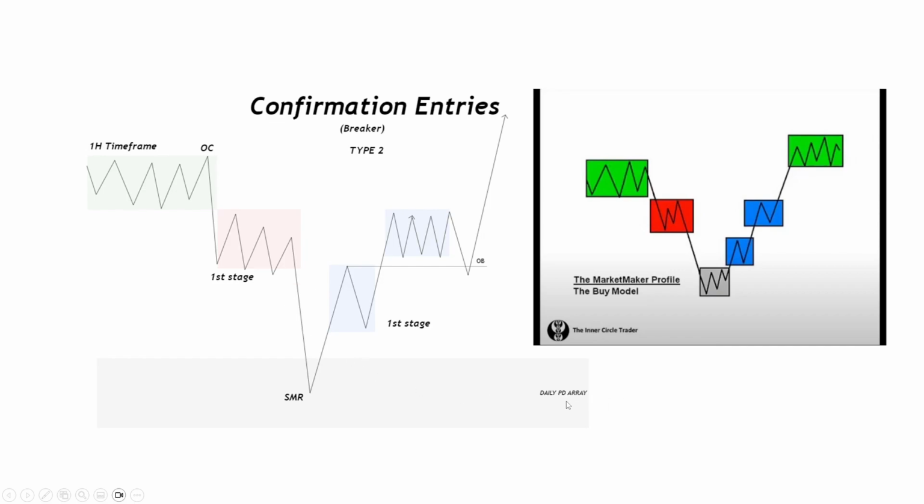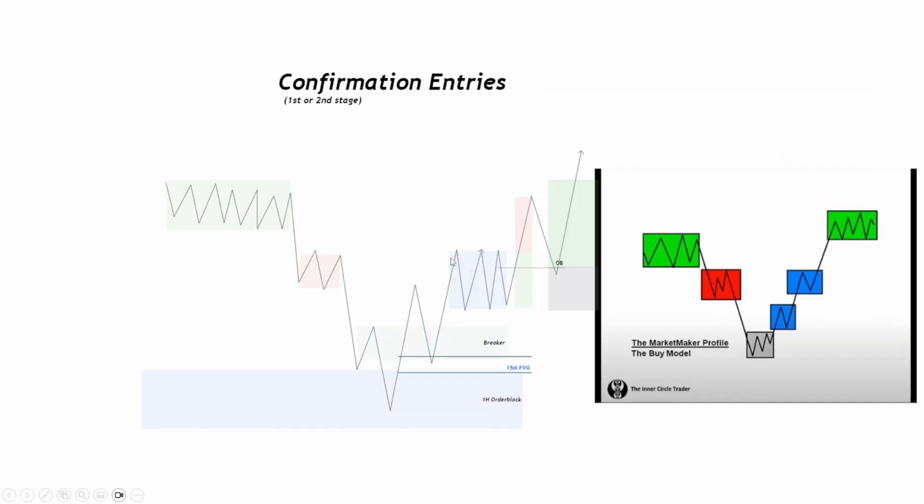So we hit a daily PD array, 1 hour is in the first stage of accumulation, we return into an order block, and then we wait for another first stage of accumulation on the 5 or 15-minute time frame. So yes, you could see this as a risk entry, but it's within context within the 1 hour and in the daily. So that's why it's really discretionary to say something's a risk entry or a confirmation entry.